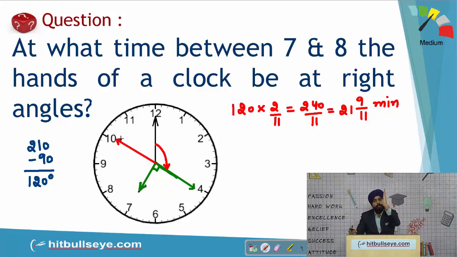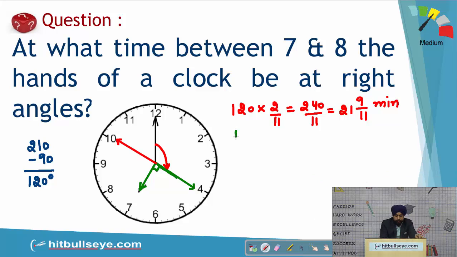Now starting from 12 and moving on till 10, it has to cover a total of 300 degrees. Right students? Or you can very well remember that whatever degrees it has to cover for the first one, plus 180 you can do to find the second one. So it is 300 into 2 by 11. That is 600 by 11.